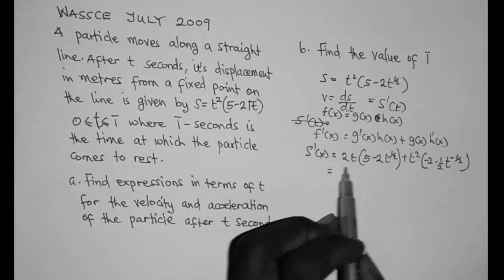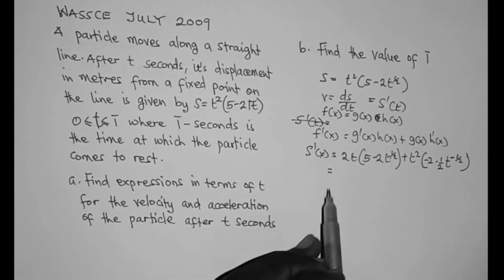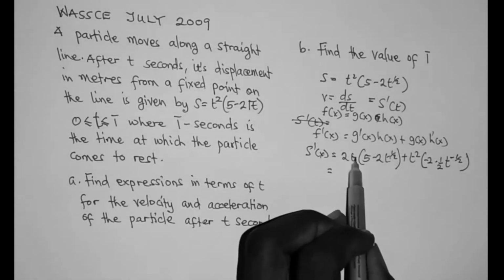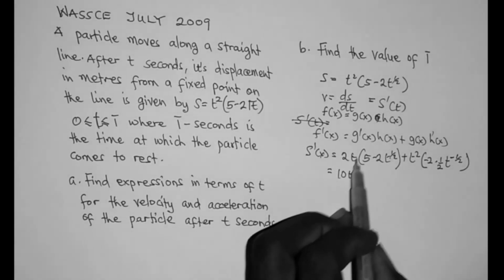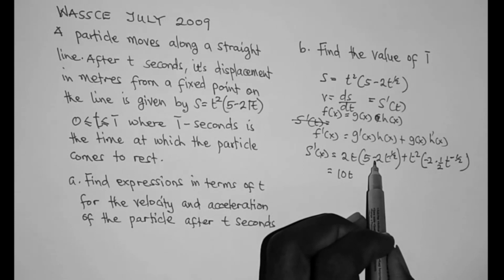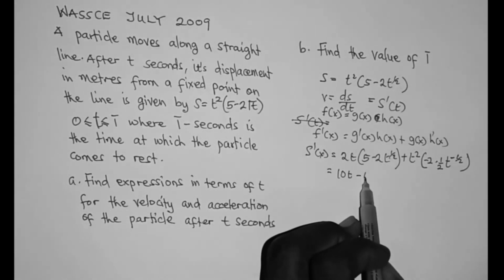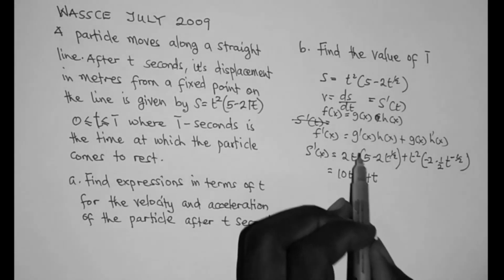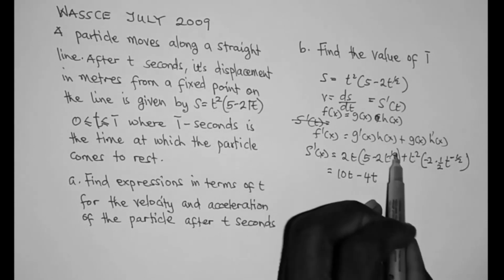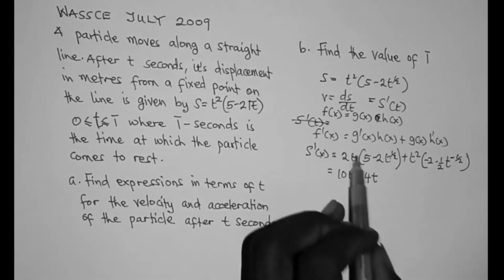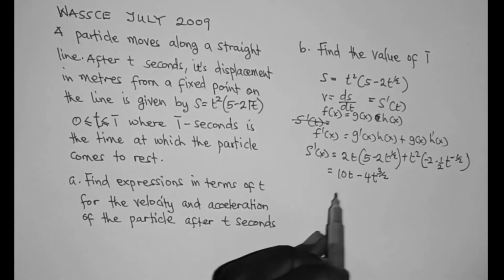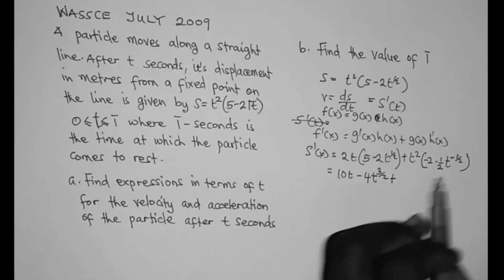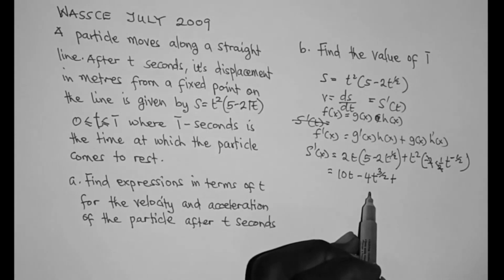So this is equal to, let's multiply through, 2t times 5 is 10t. Then 2t times minus 2t exponent 1 over 2, we get minus 4t, and this t is exponent 1 plus 1 over 2, which is 3 over 2. Then plus these 2 and these 2 can cancel.